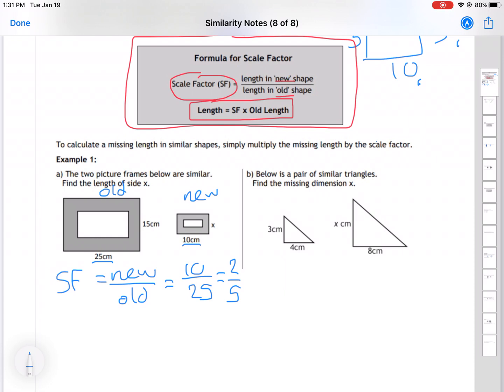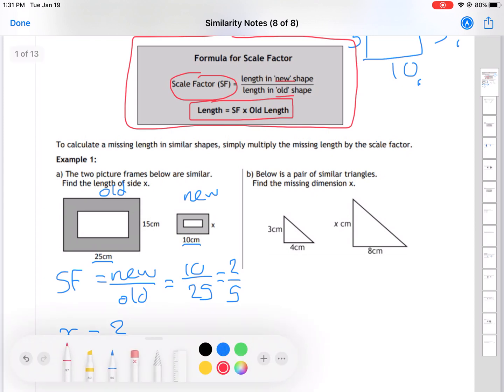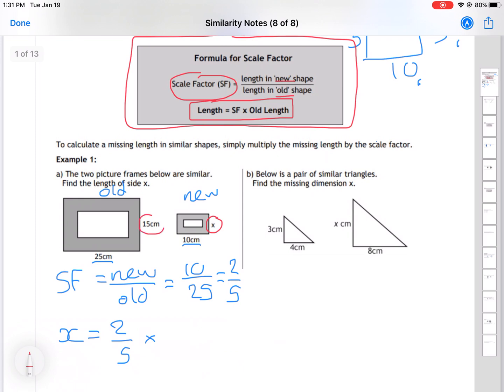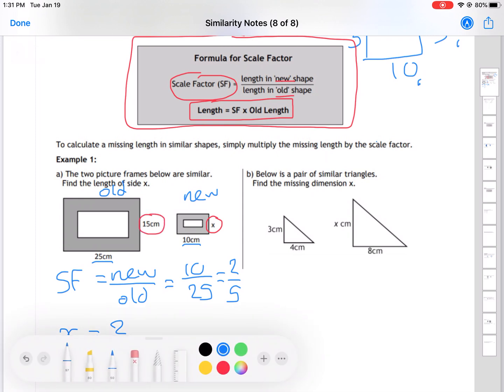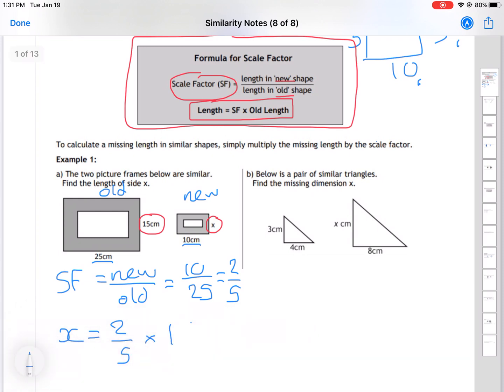The second step, so that's step 1, is to find the scale factor. You're always given 1 mark for that. So the length, in this case it is x, is equal to 2 over 5 times the old length. Now as you can see here, the x matches up with the 15. So it's 2 over 5 times 15.